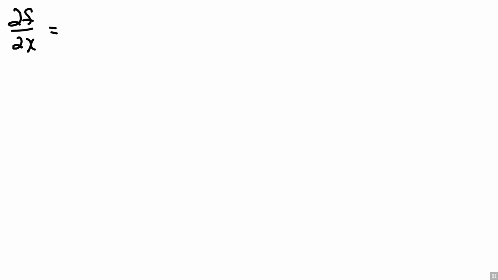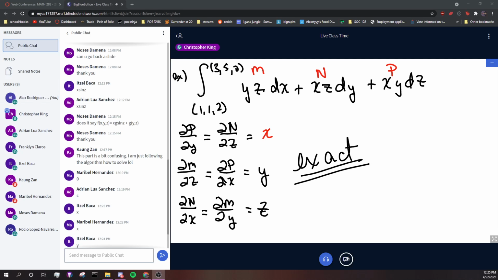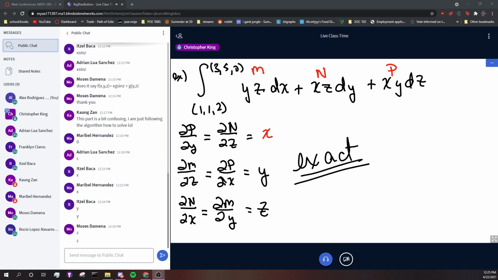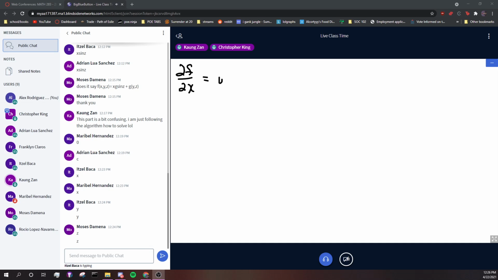That's going to be equal to the first component. The first component was defined as what? yz. So this is going to be equal to yz. When I integrate, the left-hand side becomes the function f of x, y, z. And when I integrate the right-hand side, I'm going to end up with what?